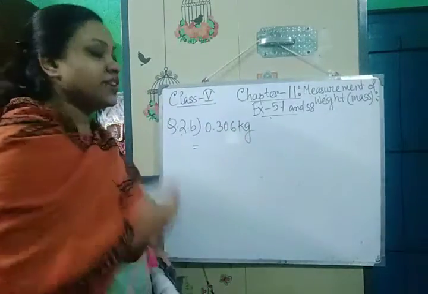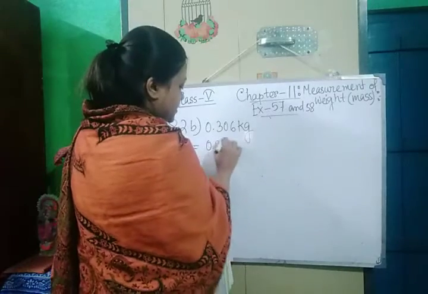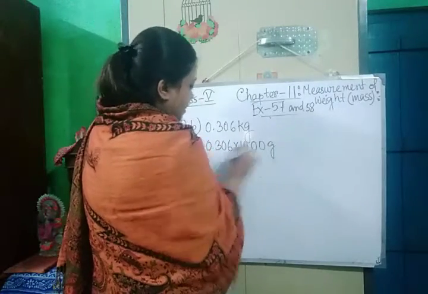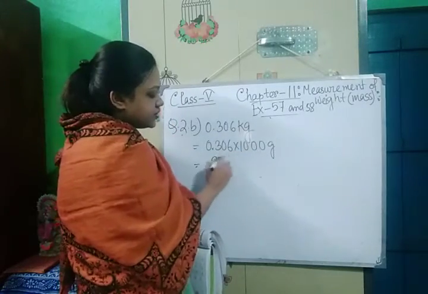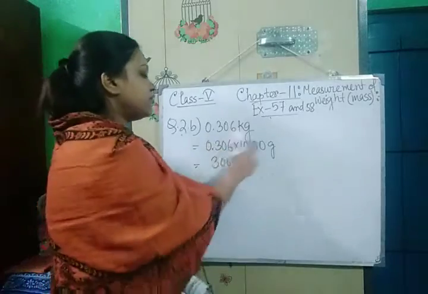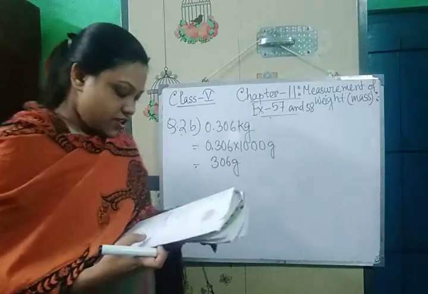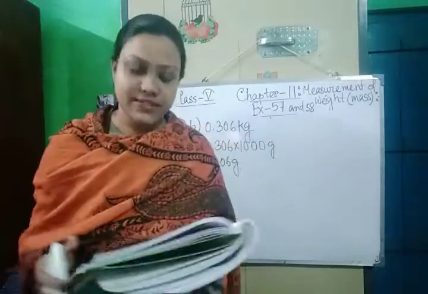So how can we convert kg to gram? By multiplying it by 1000. So 0.306 into 1000 is 306 gram. Okay, because the point will move to the right 3 places, so it will be 306 gram. I hope this is clear. All the sums in this process are the same.